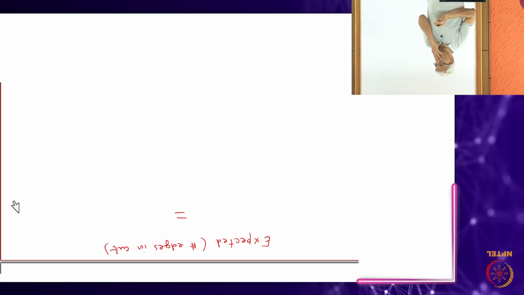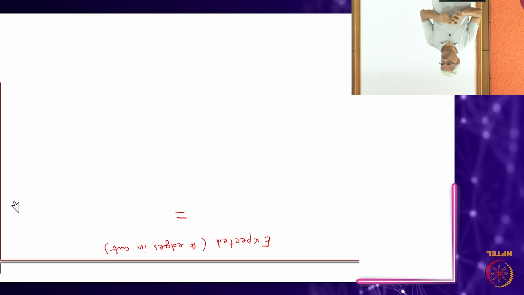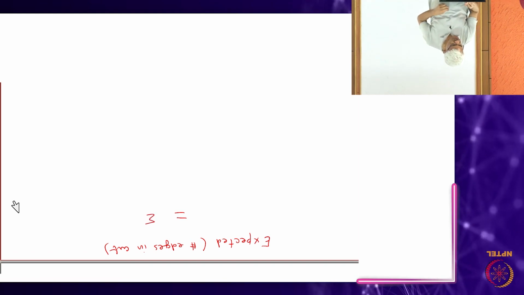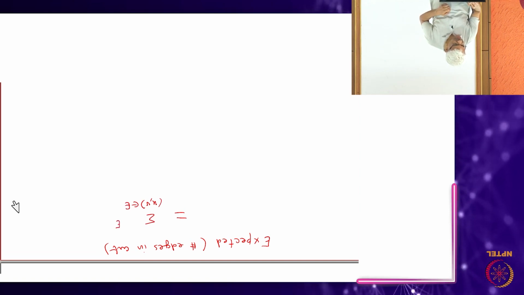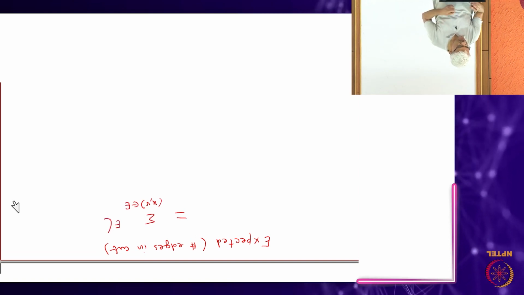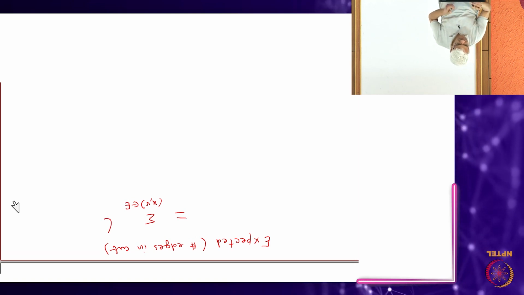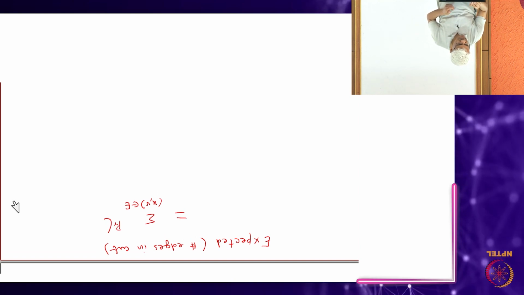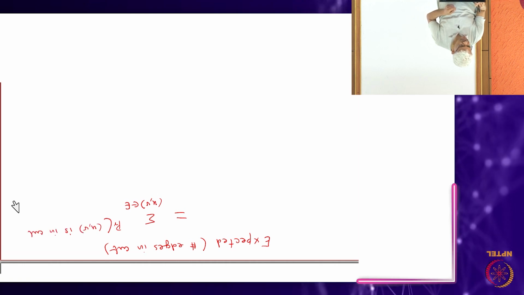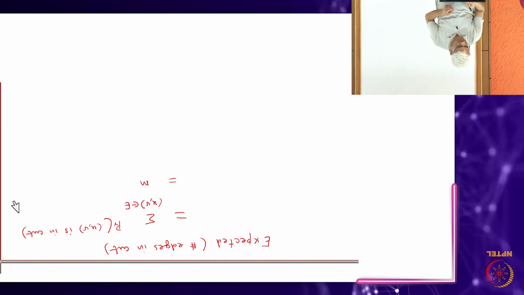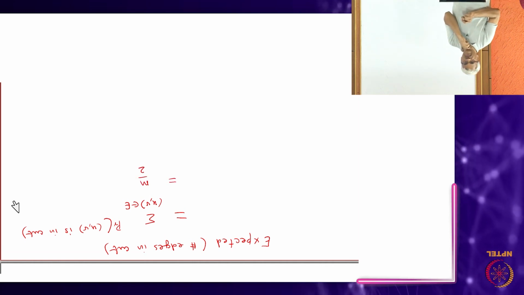What is this? It is the summation over u v in E of the probability that u v is in the cut, which we argued to be half. So, if there are m edges in the graph, then the expected number of edges is m over 2.